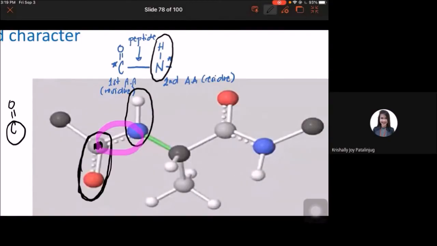However, the whole peptide chain has the possibility to rotate because of other bonds, not because of a peptide bond.